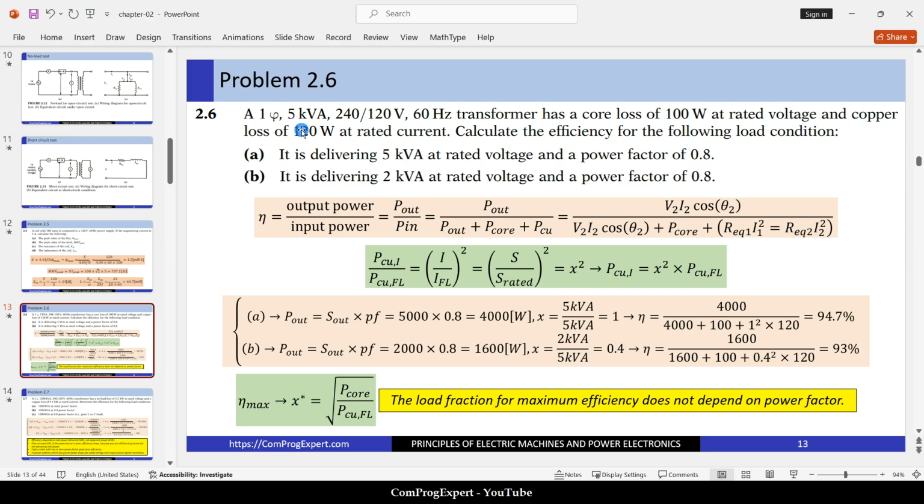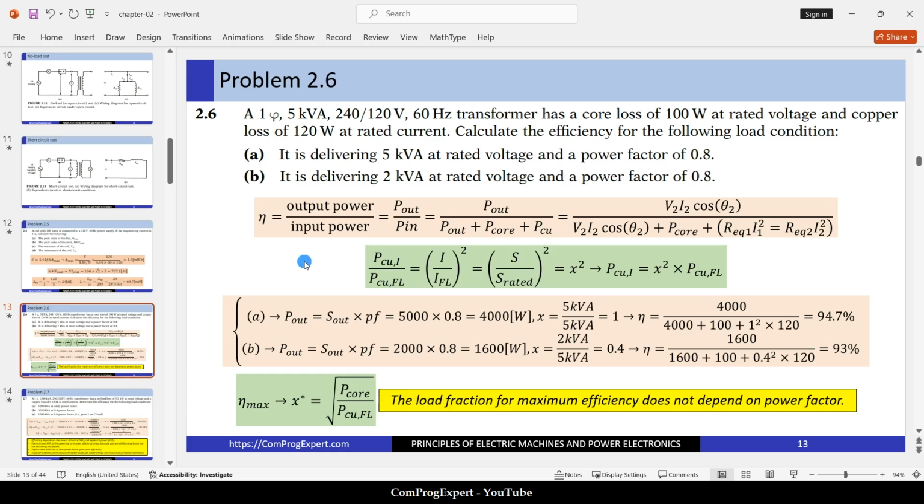The value of the copper loss at rated current, or actually full load current, is given. Calculate the efficiency for the following load conditions. A, it is delivering 5 kilovolt ampere at rated voltage and a power factor of 0.8. B, it is delivering 2 kilovolt ampere at rated voltage and a power factor of 0.8.